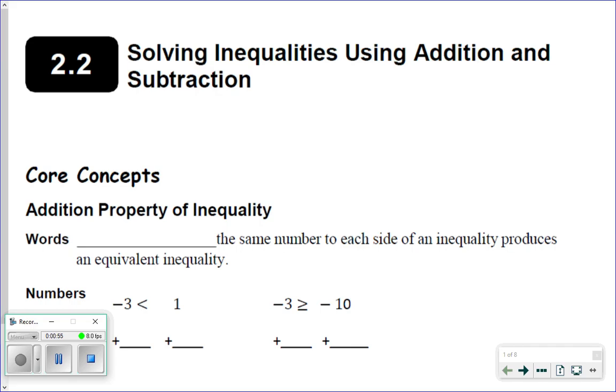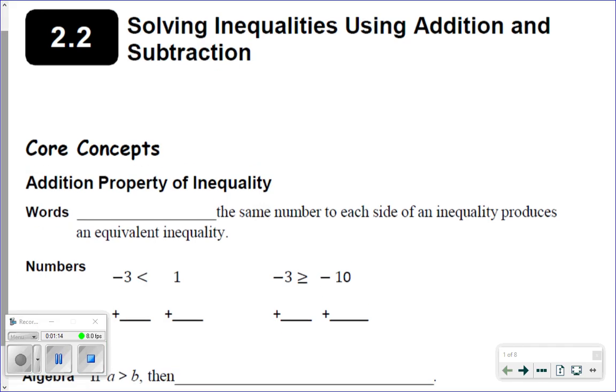Okay, so the properties that allow us to solve this way are very similar to the addition property of equality and the subtraction property of equality, except that these are the addition property of inequality and the subtraction property of inequality, but they state the same idea.